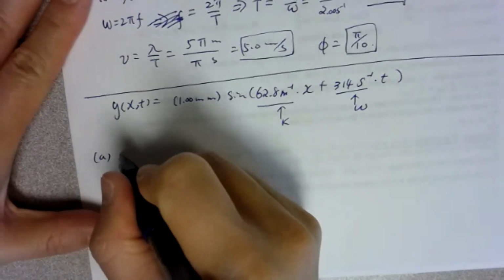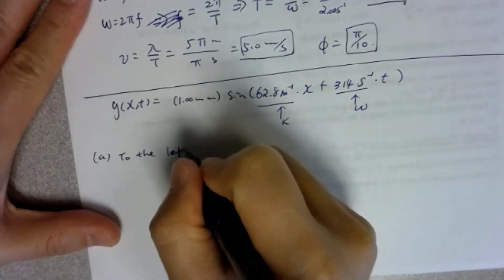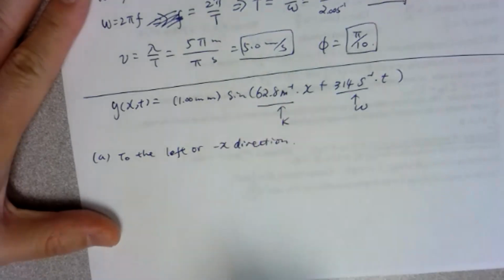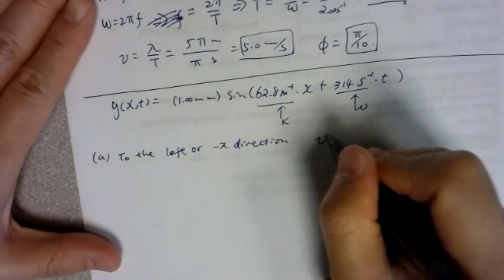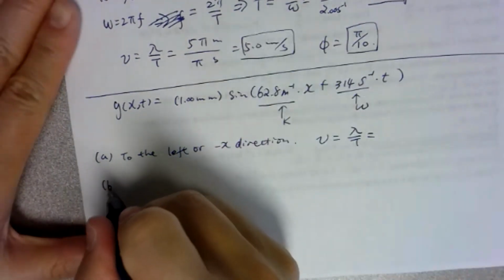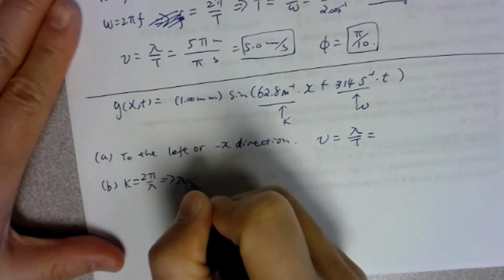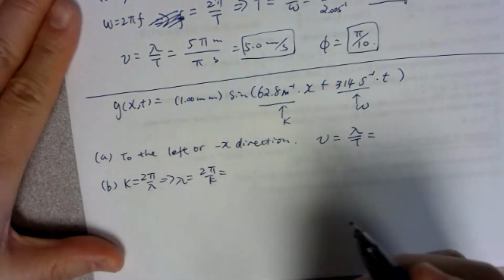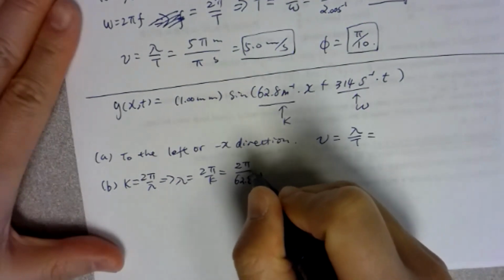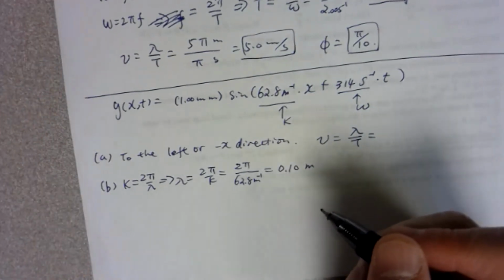Since it's plus omega t, the wave travels to the left, or in the minus x direction. Then v equals lambda over T, so we need to find lambda and T, just as we did earlier. For lambda, k equals 2 pi over lambda, so lambda equals 2 pi over k, which is 2 pi over 62.8 meters inverse. That gives you 0.1 meters. So that's the wavelength.